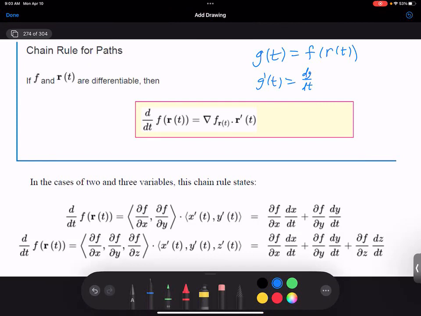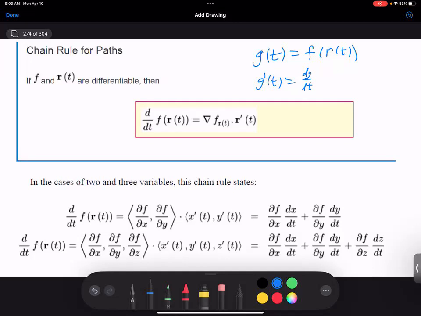What we want to do is say, imagine we know very easily the derivatives of r with respect to time, and we know very easily the derivatives of f with respect to x, y, and z. Can we somehow combine that knowledge and get the derivative of this function g, which is f of r of t, in terms of our knowledge of the derivatives of f and of r?